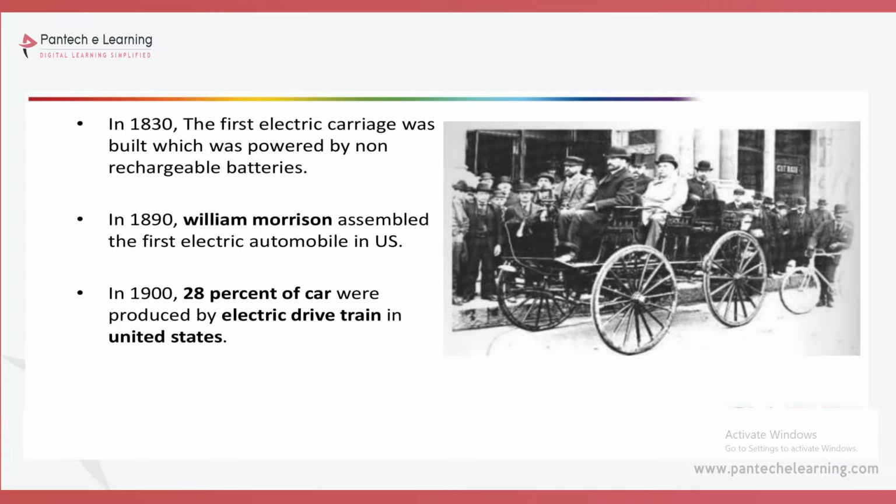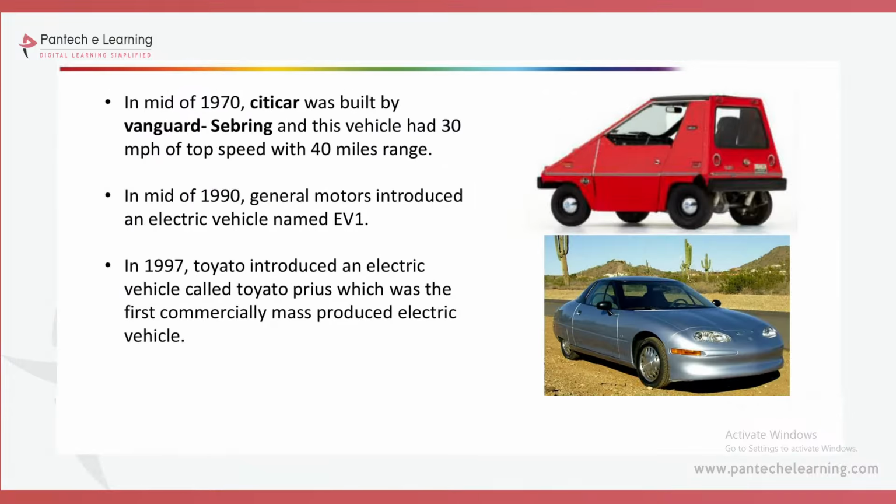In the mid 1970s, a city car was built by Vanguard, the Vanguard CitiCar. This vehicle had a top speed of 32 miles per hour and a range of 40 miles. This car is comparable to the MG Hector city car, a small model we can use nowadays, and like that the Vanguard CitiCar was developed in 1970.